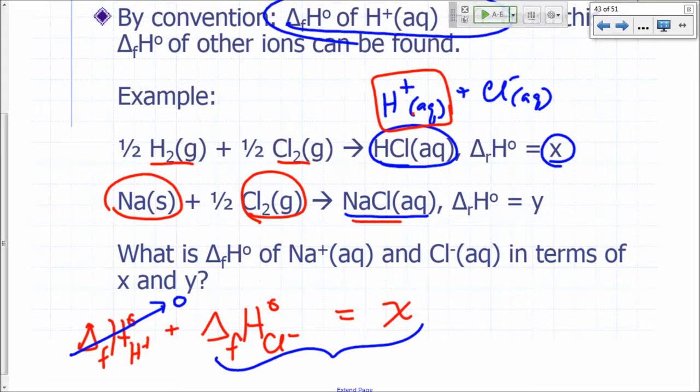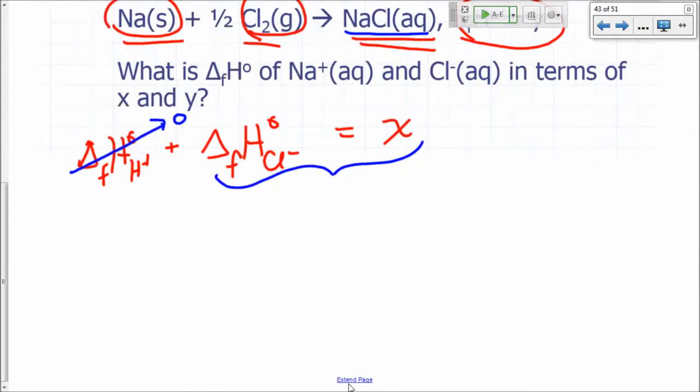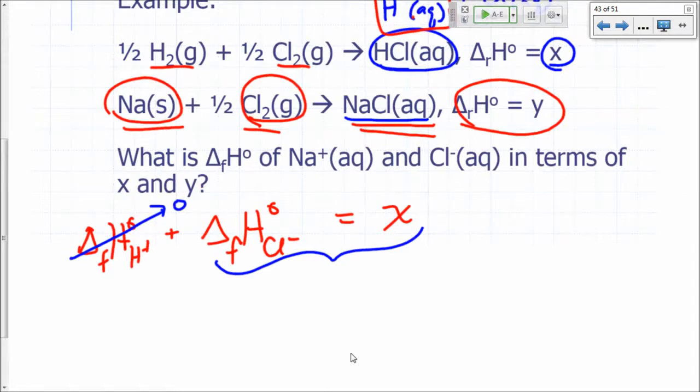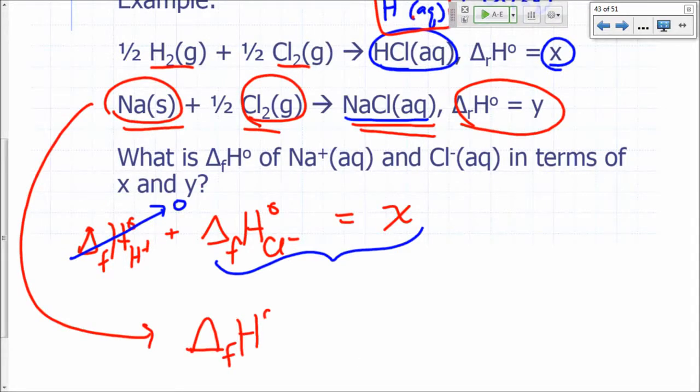You're making sodium chloride aqueous from sodium and chlorine in their standard states, so this delta H here would be Y. Based on this information, you can say that the delta H formation of sodium plus the delta H formation of chloride must be equal to Y.